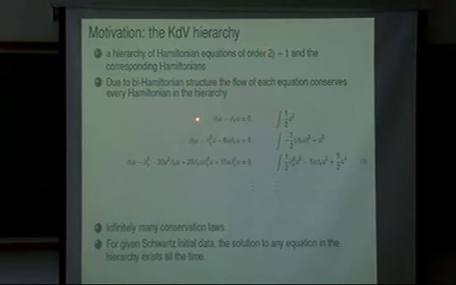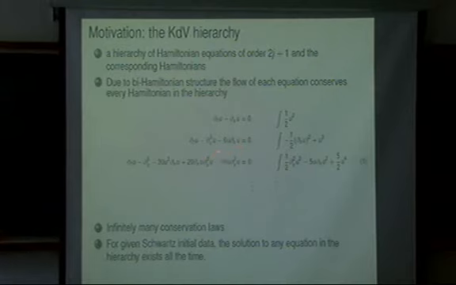Each equation is a Hamiltonian equation, and the associated Hamiltonian is a conservation law for the next equation. That structure is a double Hamiltonian structure, which means this Hamiltonian generates this flow in one Hamiltonian structure, and in the second Hamiltonian structure, that Hamiltonian is associated to the flow.